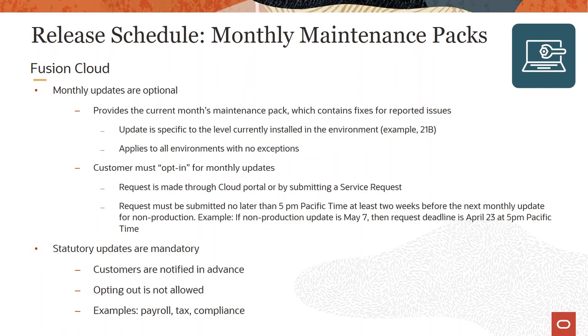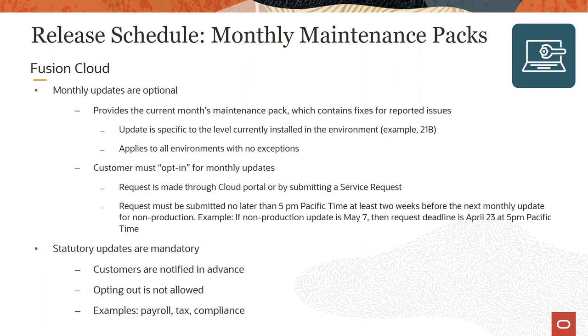If you want monthly updates, unlike the quarterly scenario, you must opt in. So you have to tell Oracle that you want to receive a particular monthly update, and you must make that request no later than 5 p.m. Pacific time, at least 2 weeks before the next monthly update for non-production environments.